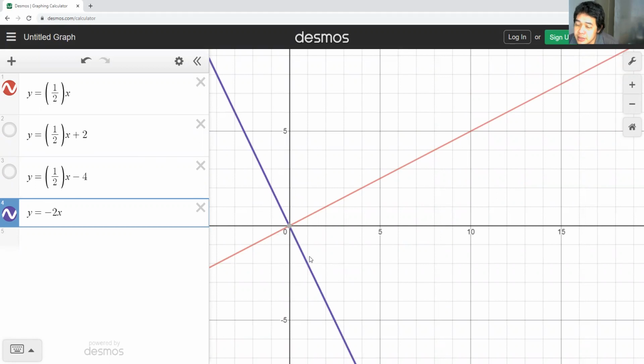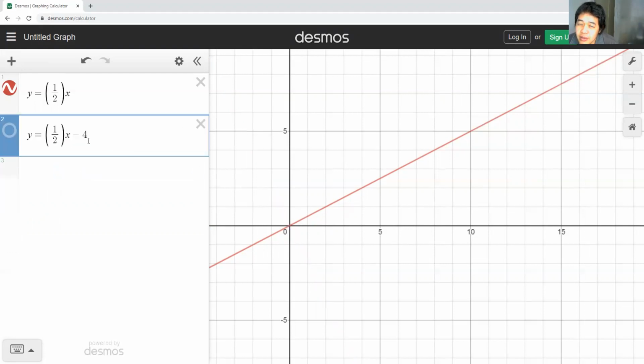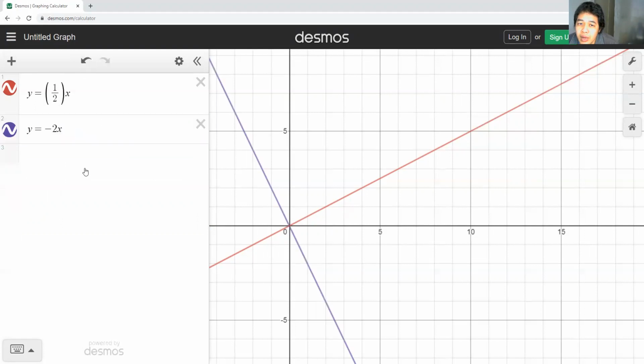Yeah, this direction. So when you try to measure the angle between these two lines, yeah, y equals to half times x, and oops, the one before, y equals to minus 2x, yeah, when you try to measure the angle between these two lines, they are perpendicular one another, meaning that the angle between these two lines is 90 degrees.